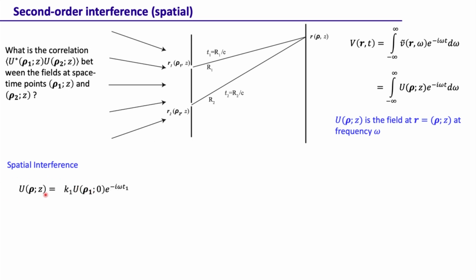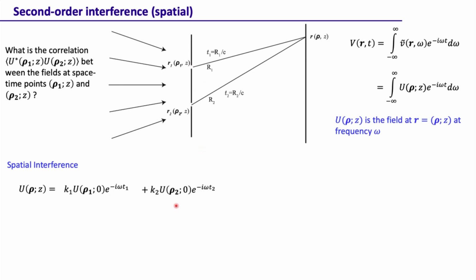Now the field amplitude at rho z, that is the observation point, will have a component from the field at rho 1, 0, which is the z equal to 0 point here, and this is the z equal to z point. And of course there is e to the minus i omega t1, because that's the time it takes for light to get here. So that's the phase factor it will get. K1 is just a geometric factor because of the size of the slit and how much diffraction there is.